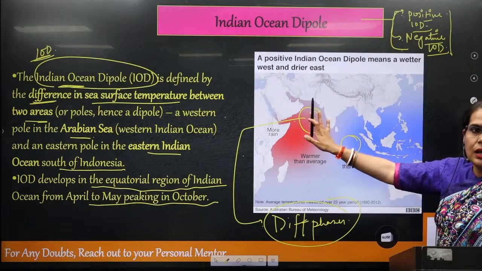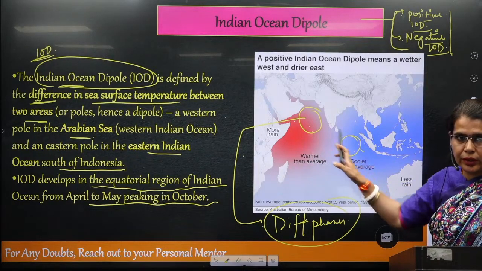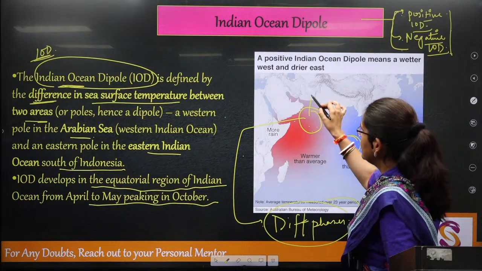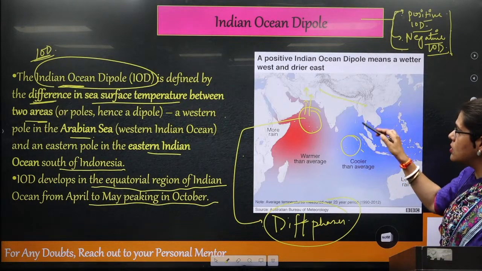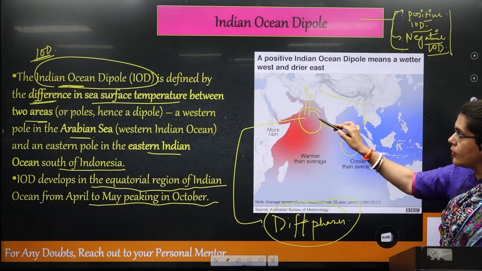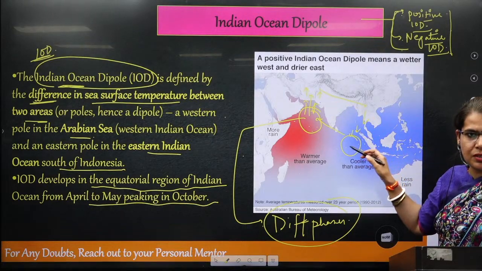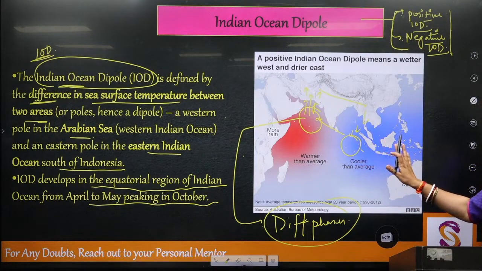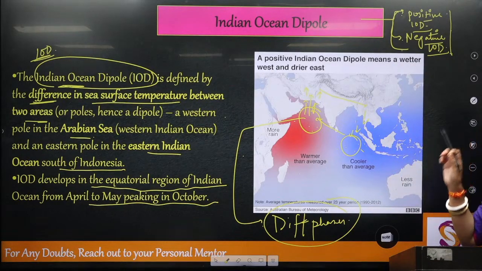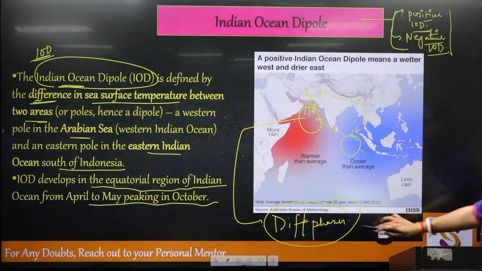So this is warmer and this is cooler. What type of coupled system would form? Warmer waters, rising or ascending air, and here because it is cooler, descending air. When this condition forms, that is, the western Indian Ocean is warmer than the eastern Indian Ocean, that is called the positive IOD condition. It is the positive phase of IOD.